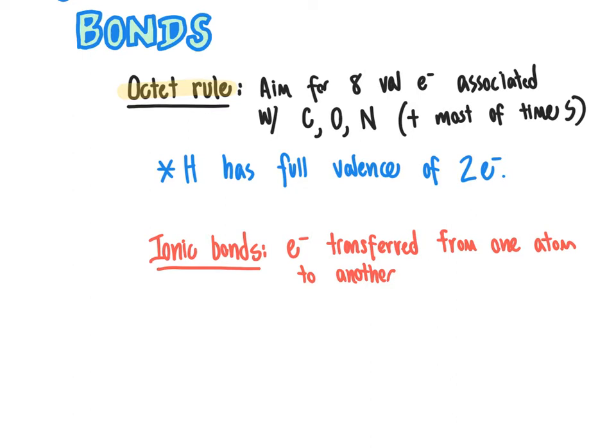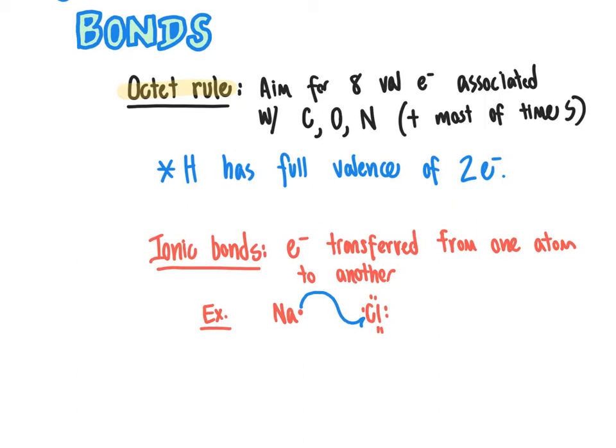For example, one that we're hopefully familiar with from general chemistry already is sodium. It starts off with 1 electron in its valence shell. Chlorine has 7. And so what happens here is that 1 electron gets transferred from the sodium to the chlorine. So this 1 electron comes over, and I'm using an arrow to show that electron transfer. You'll see the starting point of that blue arrow is on the electron that's associated with the sodium.